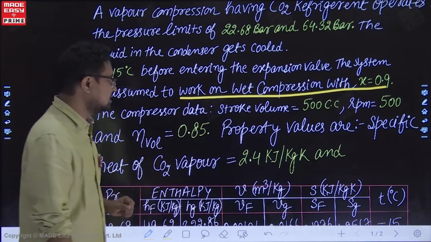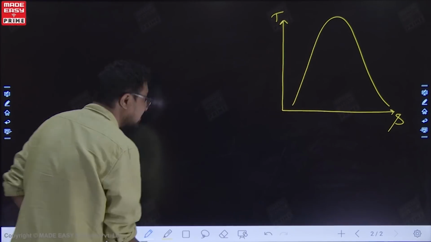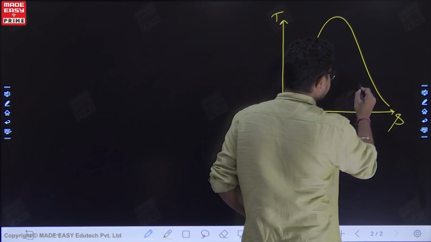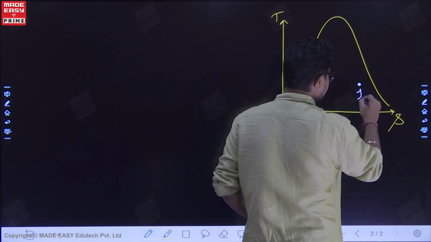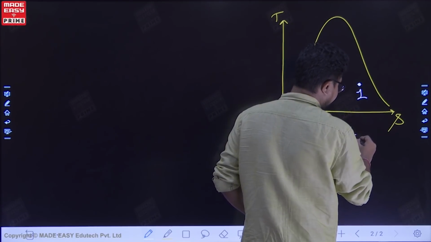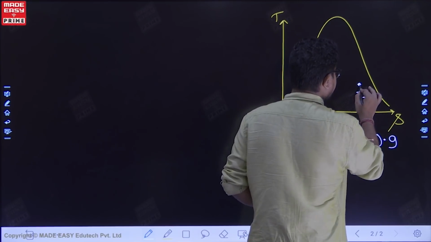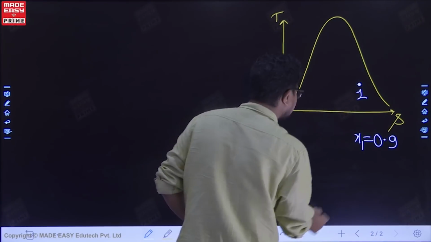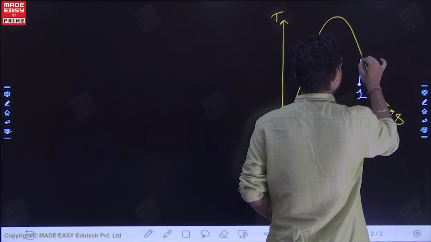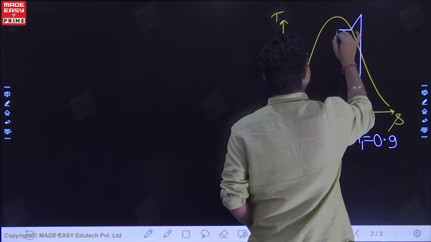That means when the compression starts, it starts from somewhere here. This is point 1 with x1 equals 0.9. So we have isentropic compression up to the higher pressure. Then we have constant pressure heat rejection.